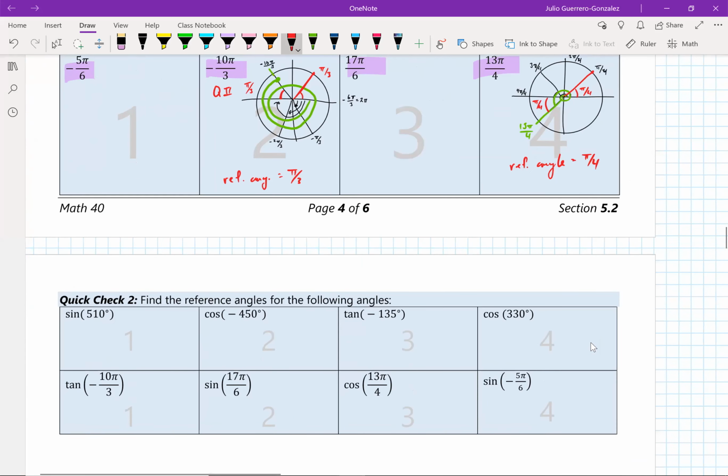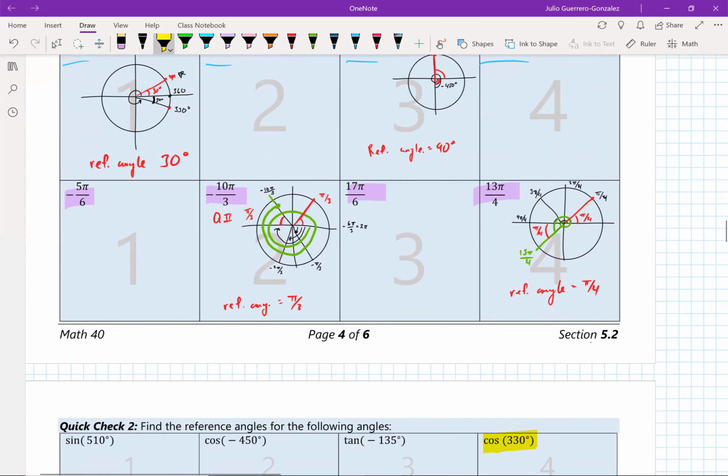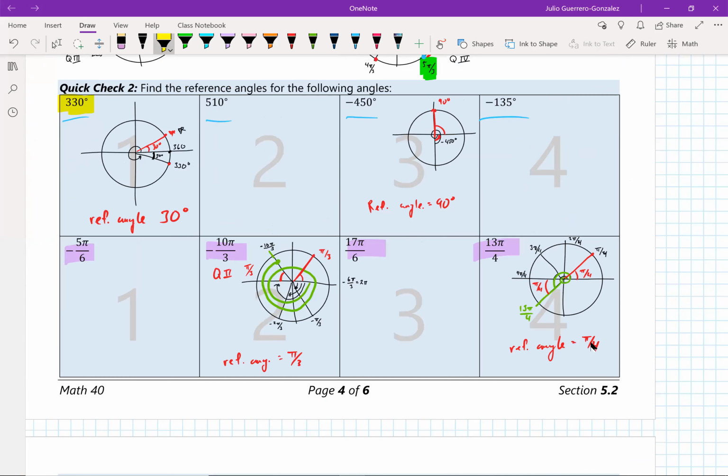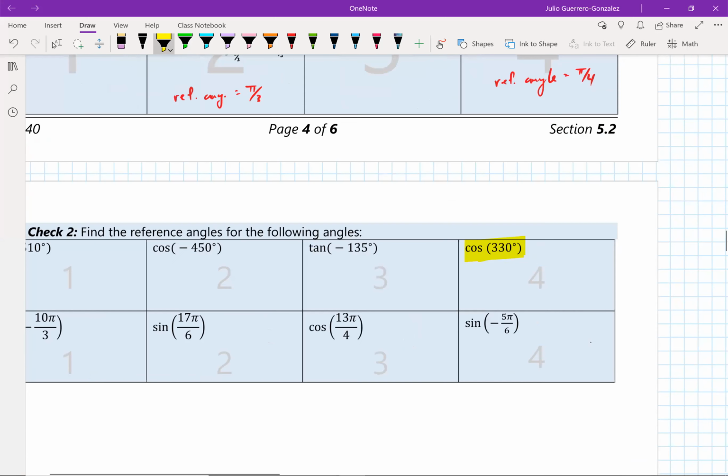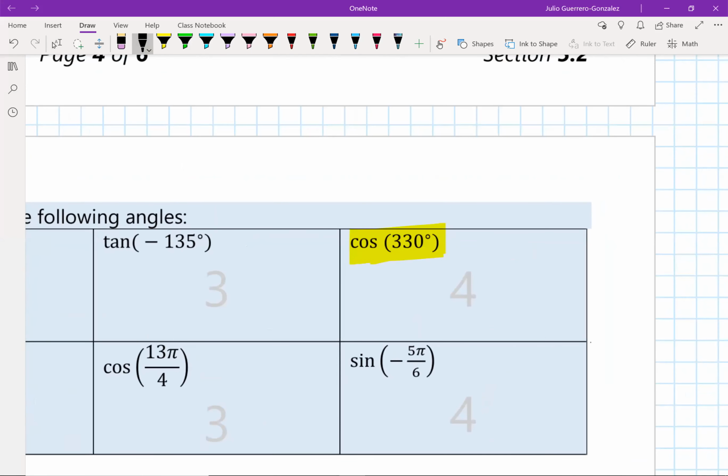For the cosine of 330, we already found the reference angle, that being 30. So finding the cosine of 330 is equivalent to finding the cosine of 30 degrees.